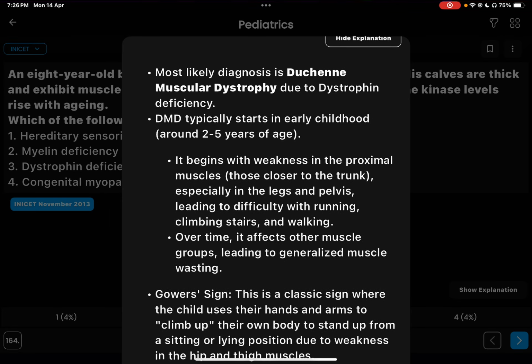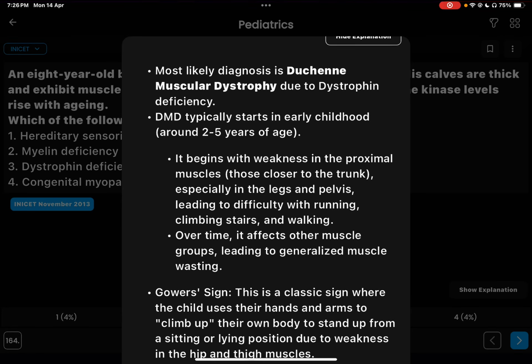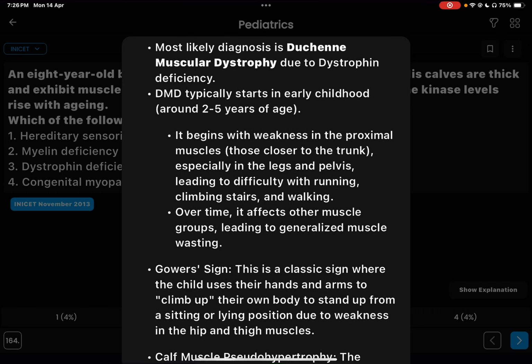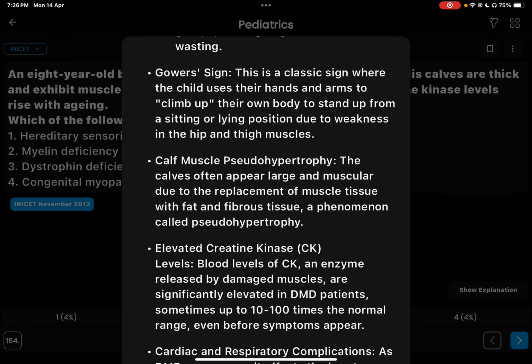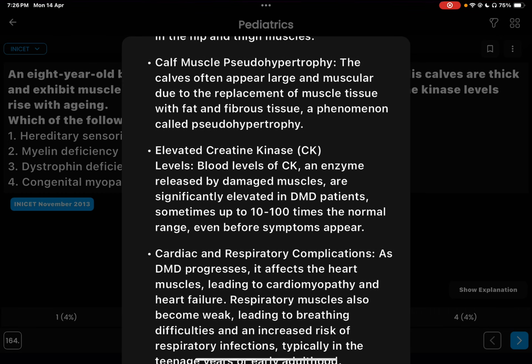So let's read this. Early childhood, 2 to 5 years of age. Gowers' sign, elevated CK enzymes, 10 to 100 times the normal range.